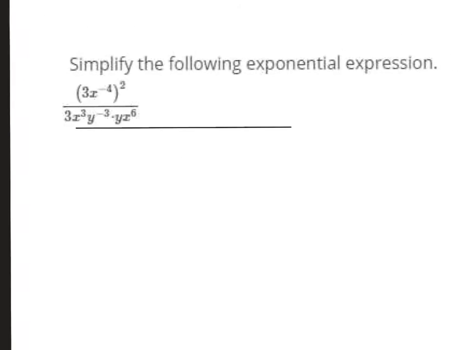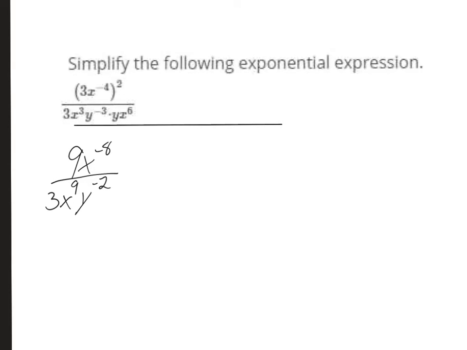Okay, on the next one, let's go ahead. We have power rule, so 3 squared is 9. X to the negative 8 over 3, okay, x to the third, x to the 6th, so that would be x to the 9th, y to the negative 2nd.